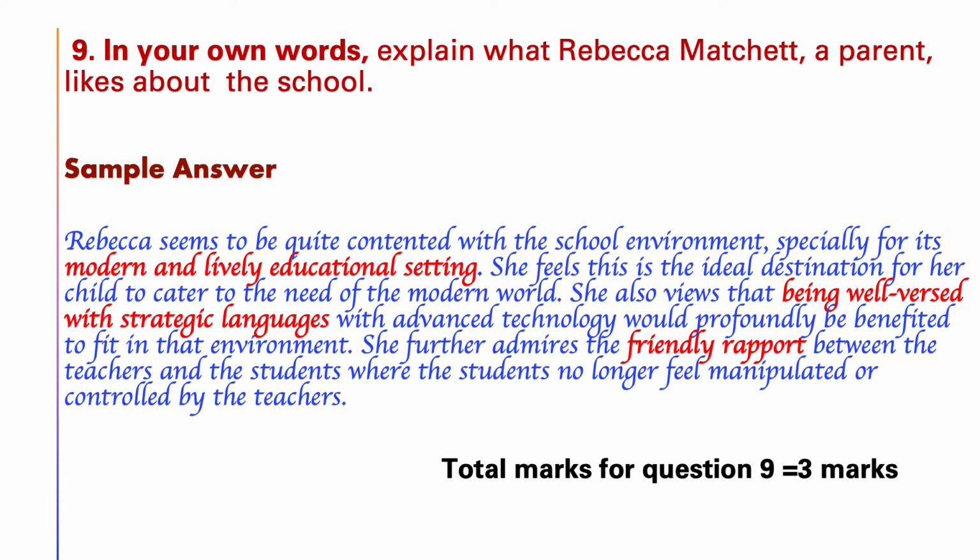She also avers that being well versed with foreign languages and advanced technology would profoundly benefit her child to fit in that environment. She further admires the friendly rapport between the teachers and the students, where the students no longer feel manipulated or controlled by the teachers. So here there are many points, but you can use only 3 points out of this.